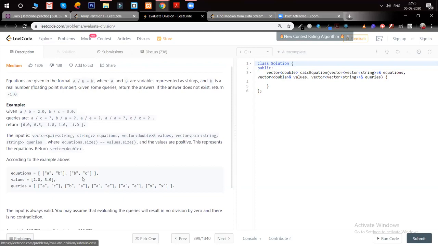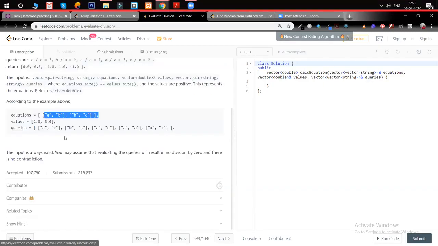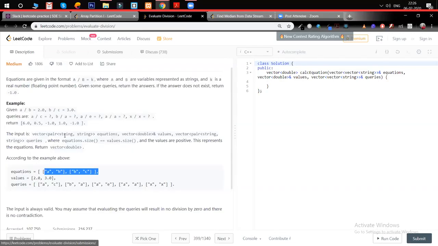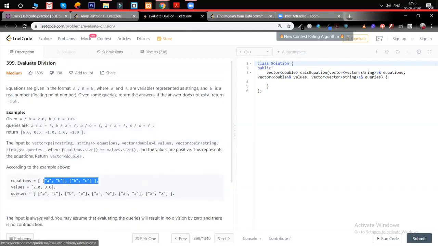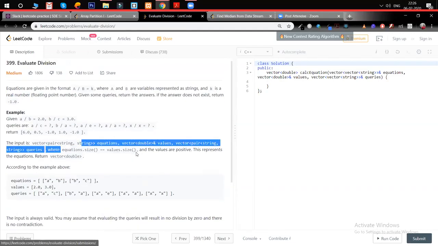There can be any number of equations and any number of variables. Let me see the constraints. Okay, there are no constraints. So we have equations, and every equation has its own value, and we are given a bunch of queries, and we have to return the results in an array or something.